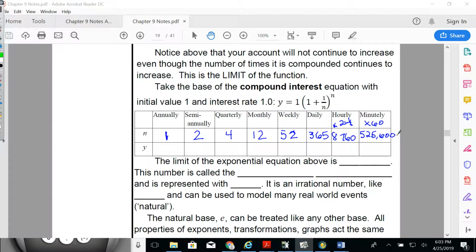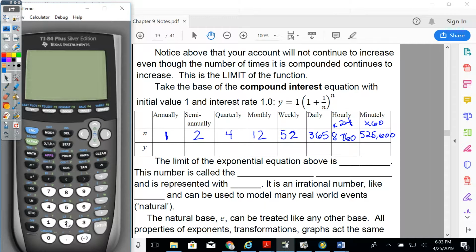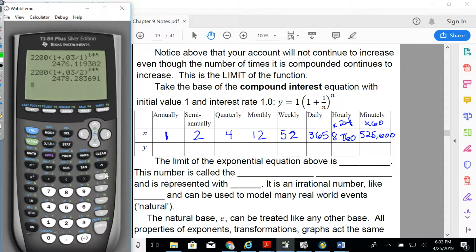So now what we're going to do is take those numbers and plug them in for n. So I'm just going to copy paste like I was doing earlier with this formula. So 1 times 1 plus 1 divided by, the first one is 1 to the 1 exponent.